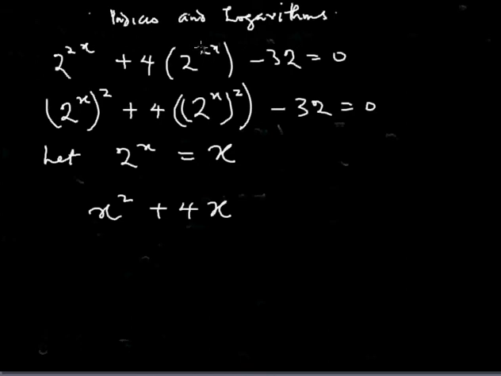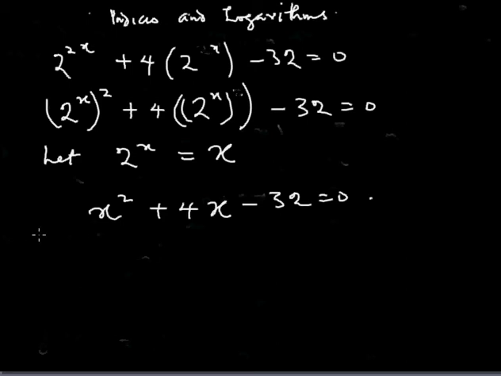This is not supposed to be here. Since that is not there, I still need to take off this. And we know that our 2 raised to the power x is x. So this is going to be 4x minus 32 is equal to 0.